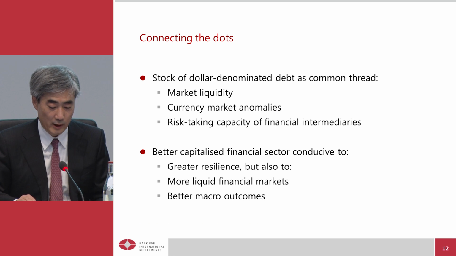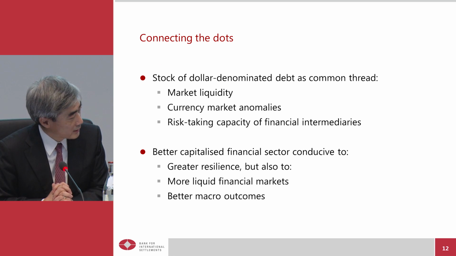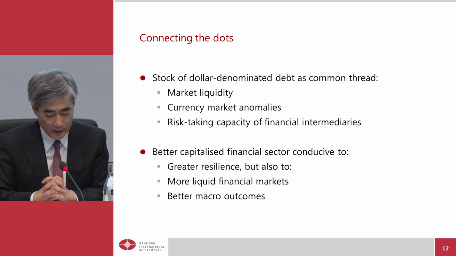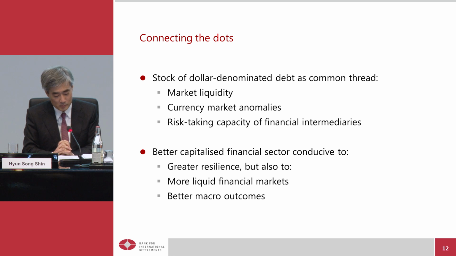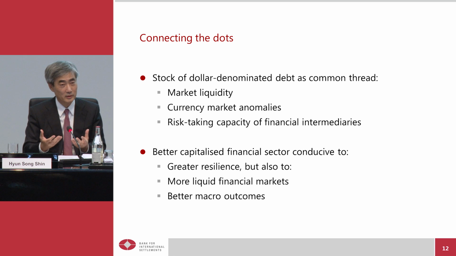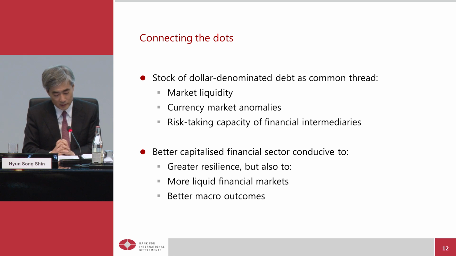better macro outcomes. So just drawing all the strands together, I've covered a number of topics this morning, such as market liquidity, currency market anomalies, and the impact of exchange rate changes on the real economy. Although these themes appear to be quite disparate, they turn out to be all related, and they can all be understood better by reference to the accumulated stocks that are driving the realignment of the global economy that Jaime mentioned earlier.